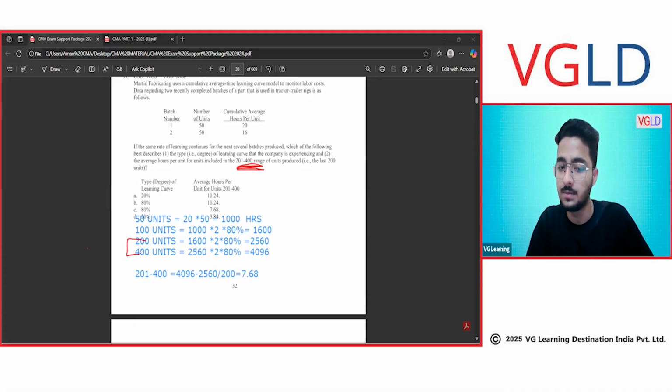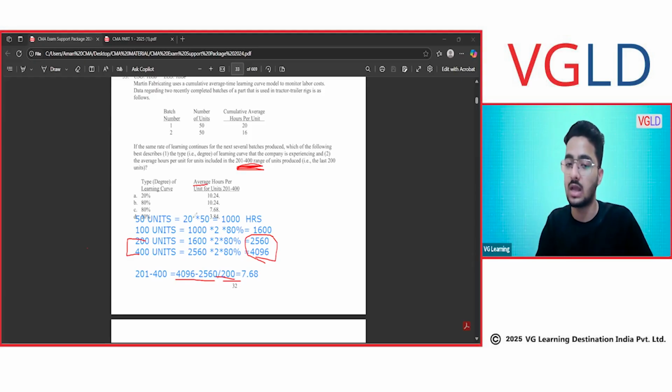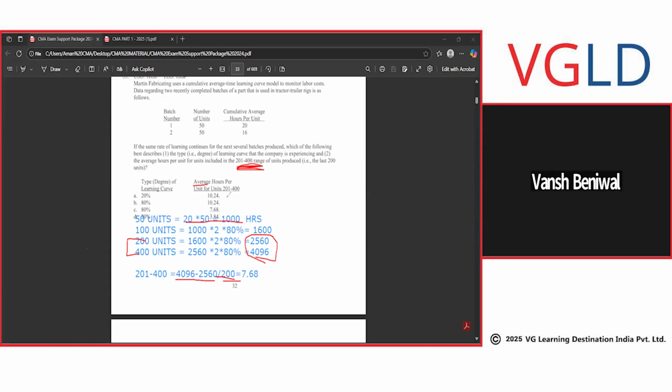So 4096 minus 2560, whatever answer comes, divided by average per unit. They are asking average, so divide by 200. Now why did I do this, do you know? Why did I first bring 1000 as the answer? Because I am using the cumulative average method, the cumulative double method. So when I am using this cumulative double method, I need to find this very well. I need to allocate this factor very clearly. Okay, guys, clear? Yes, sir.